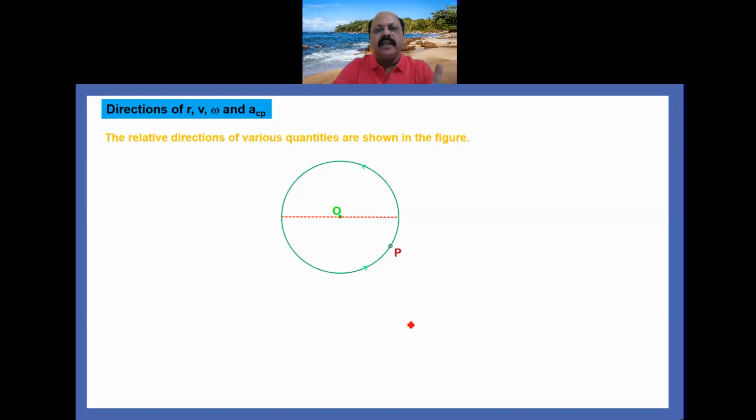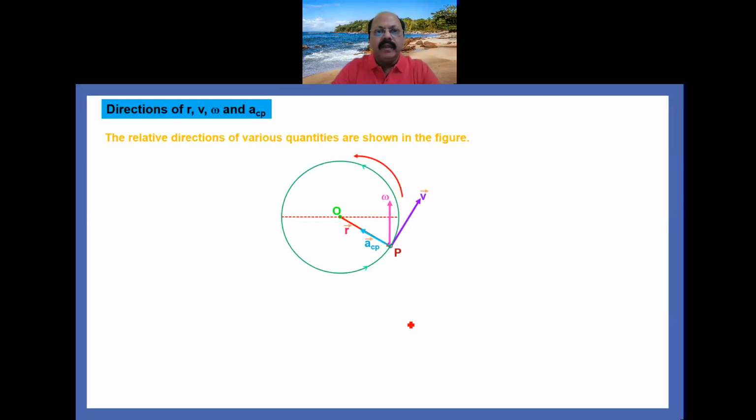So the particle is at point P. Then you see that the direction from O to P is represented by R vector. Direction of velocity is represented by the tangent drawn at point P, represented by V vector. Now the omega, which is rotating the particle or the body along the circular path, has its direction given here.